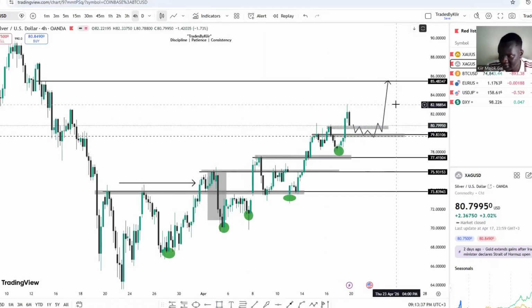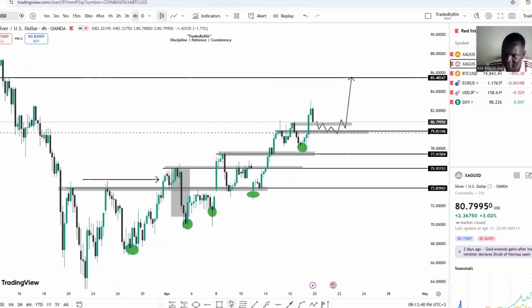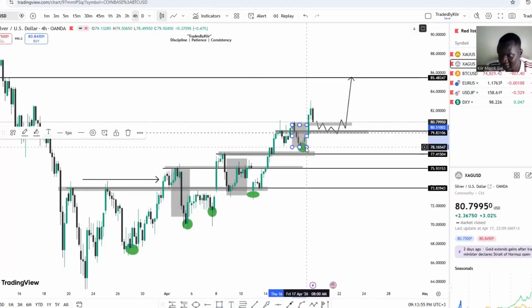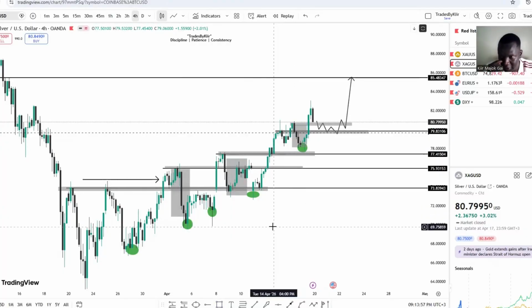So price indicates, corrects, indicates, corrects, indicates, corrects. You understand? Then continues like that. Indicates, corrects, continues, indicates, corrects. Then that's the continuation. So this is how it is.